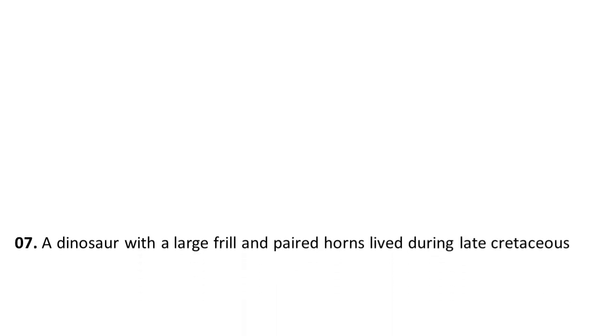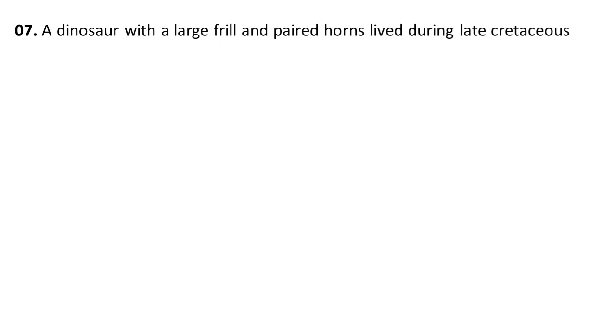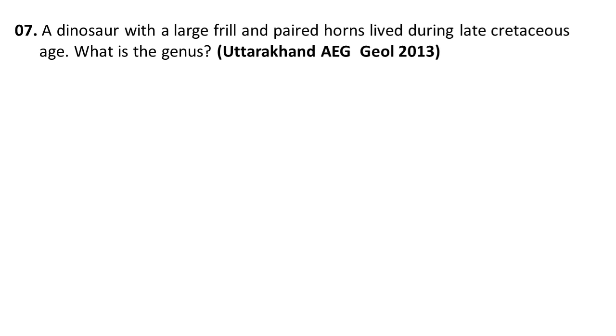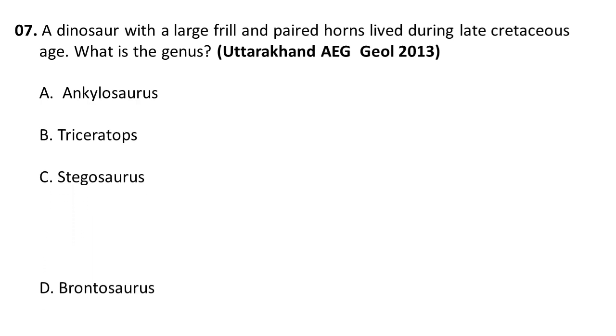Next question. A dinosaur with a large frill and paired horns which lived during late Cretaceous age. What is the genus of that dinosaur? The choices given are A. Ankylosaurus, B. Triceratops, C. Stegosaurus and D. Brontosaurus.